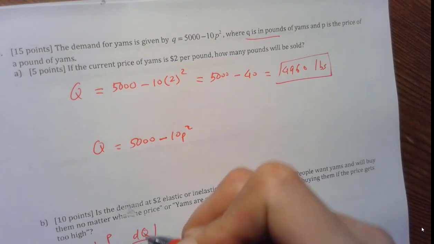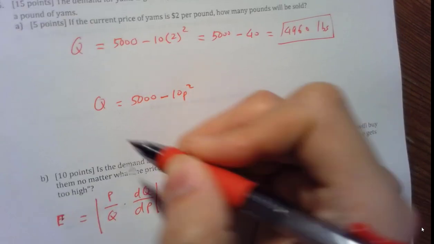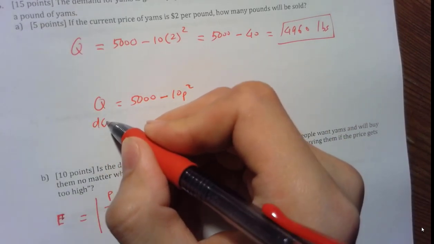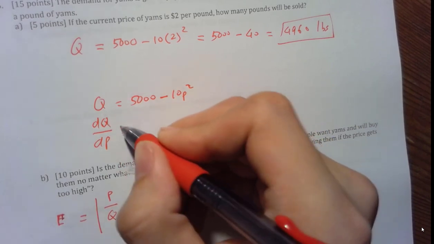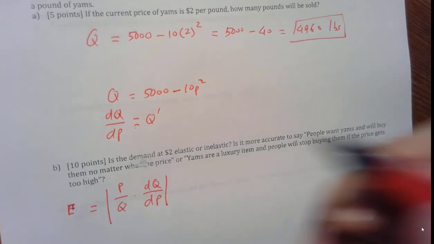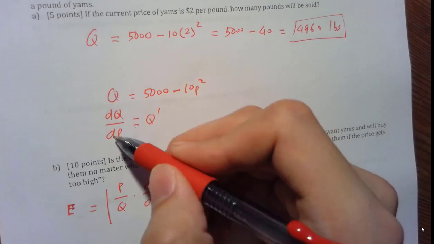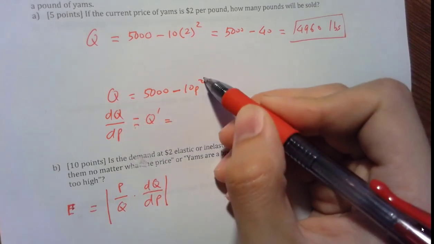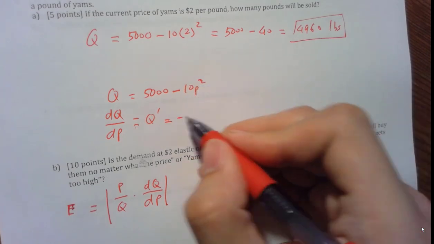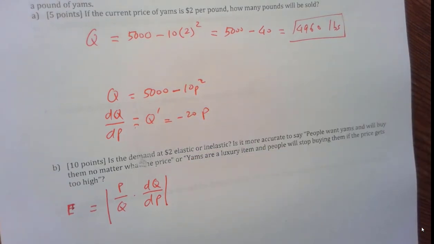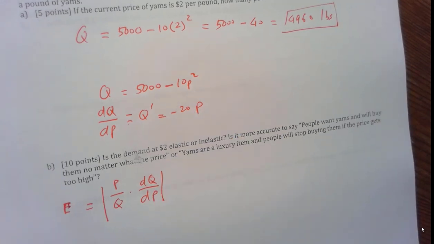So dQ over dP, this quantity here, is just equal to Q prime, because we are taking the derivative of Q with respect to the price P. Using the power rule, the constant becomes 0, bring down the 2, so minus 20p, and that is the value here.